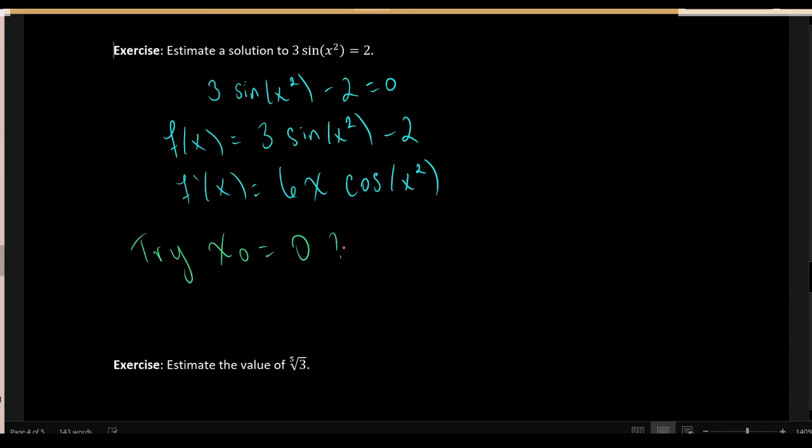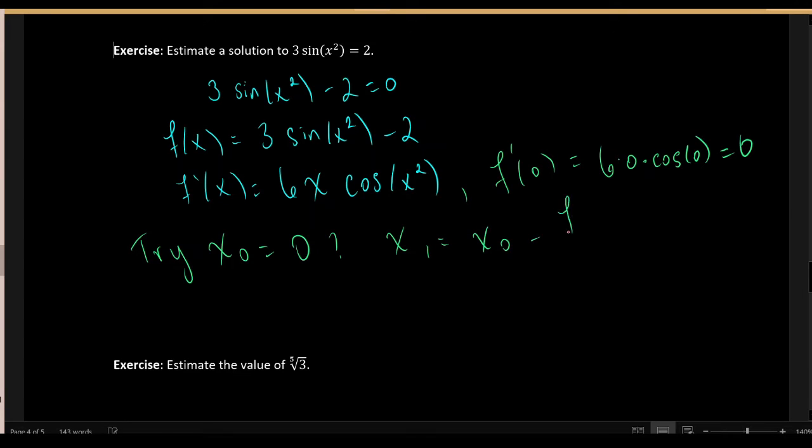The problem, though, is that if I pick x0 equals 0 and plug that value into f prime, I'm going to get 0 times 6 times cosine of 0. 0 annihilates everything around it, so this is going to be 0. That's going to create a problem when we calculate x1, because I'd divide by 0, which is going to cause an error.